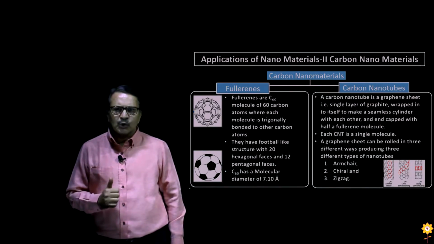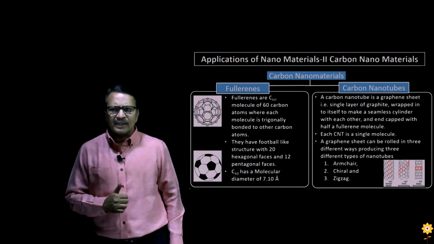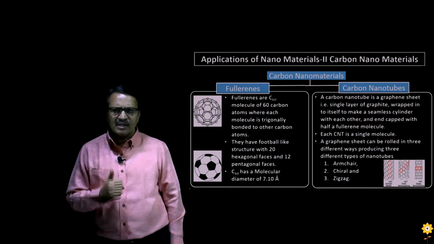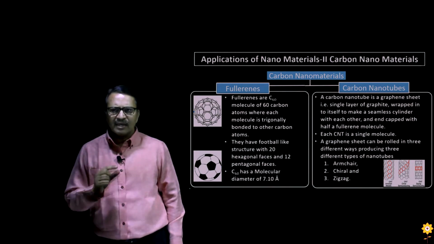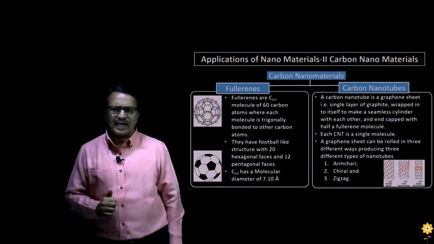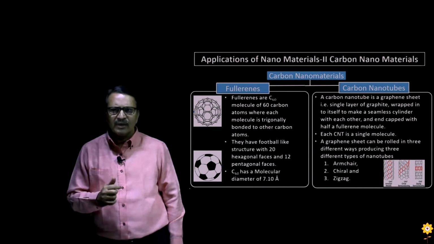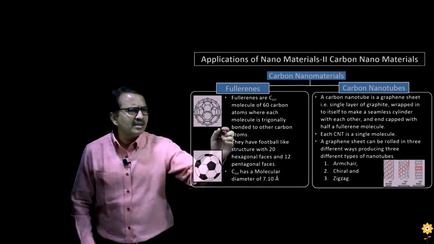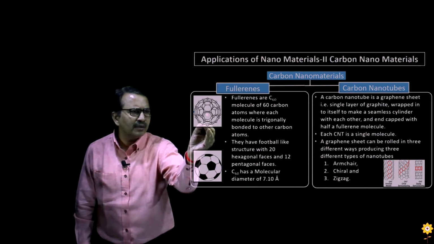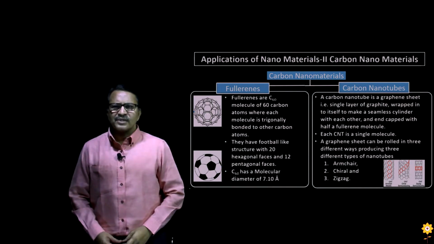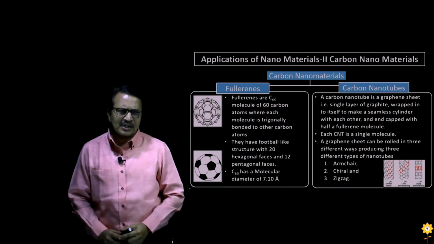So, one of the allotropes of carbon nanomaterial is fullerene. This fullerene is basically a C60 molecule. That means it has 60 atoms of carbon, and each of these atoms is bonded trigonally to every other carbon atom. So here is basically the fullerene molecule. This fullerene molecule has a football-like structure.